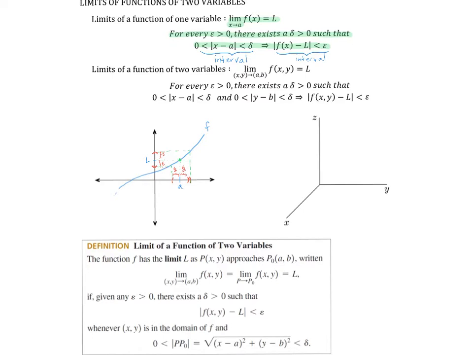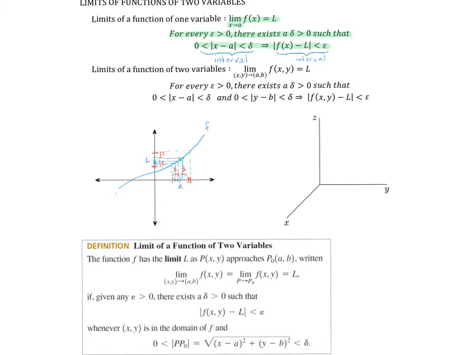So again, what this says is that for any interval around L, if you can find a corresponding interval around a, so delta is just that distance from a, so that if you pick any point inside the interval around a, you should get a corresponding y value in the interval around L. So if for every interval around L you can find an interval around a, so that all the x values around a go to a y value around L, then that's the limit.